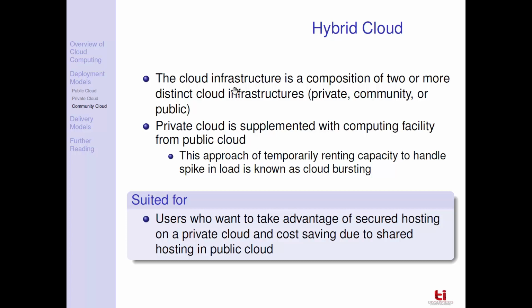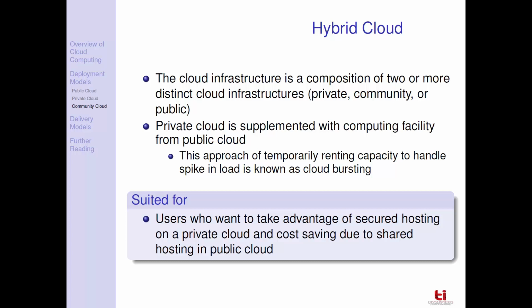Hybrid cloud can also be created in case there is a spike in the load. Suddenly a lot of resources are required, and the on-site data center cannot cater to that many requests for resources, so it is temporarily handled by the public cloud.